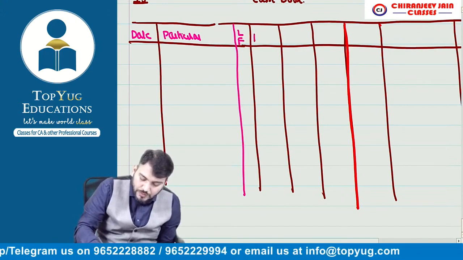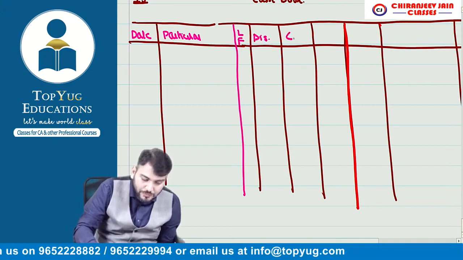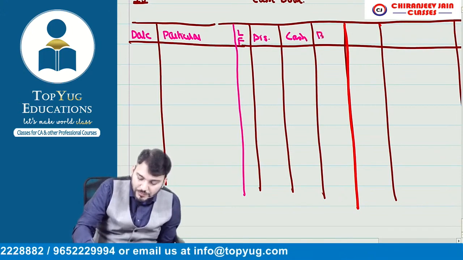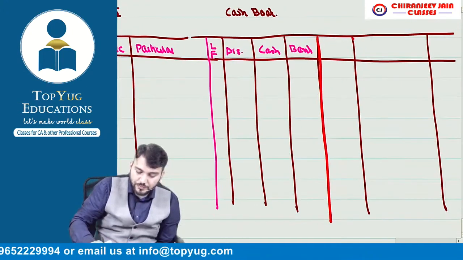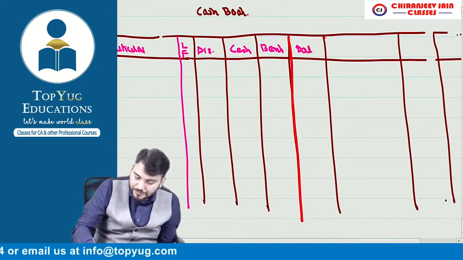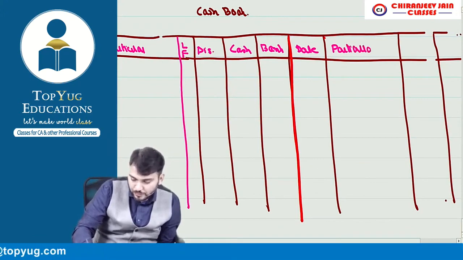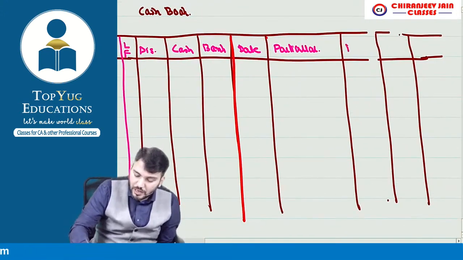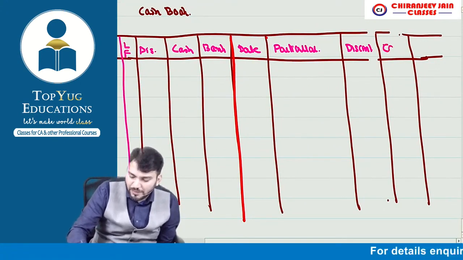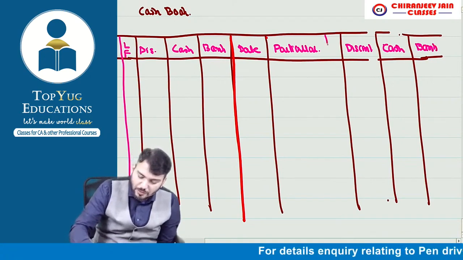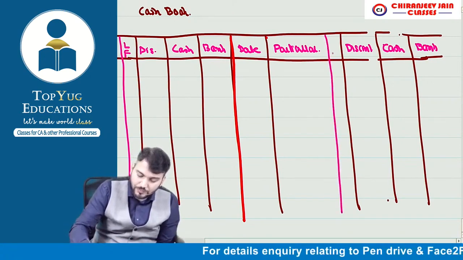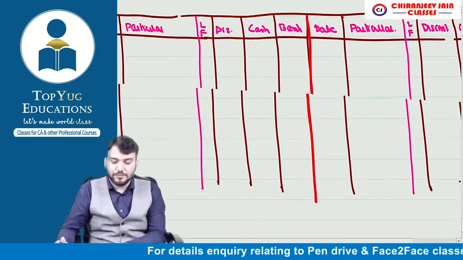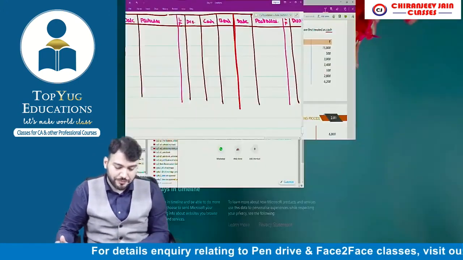Ledger folio. Then you can add on discount, then cash, then bank, date, particulars, discount. You can add on in any column any name. वो आपकी मर्जी है, इससे कोई फर्क नहीं पड़ता है. Understood this point? There will be one ledger folio also. Understood?